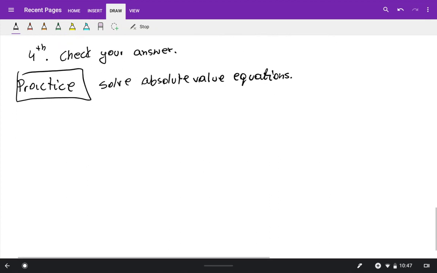Okay, so the first one which I have is absolute value of 2x minus 5 plus 6 equals 2. So step number 1, first we need to isolate the absolute value.